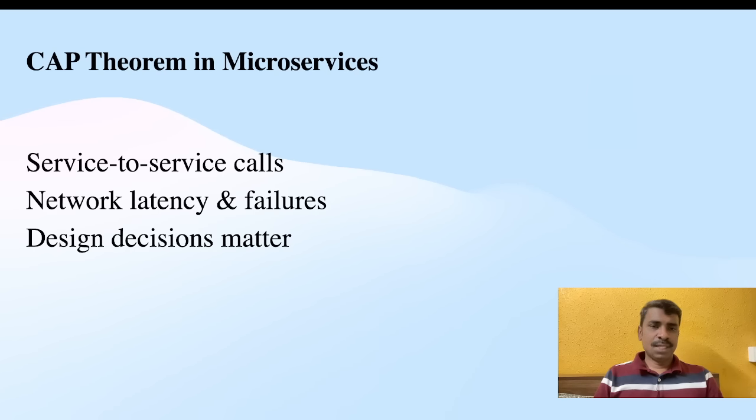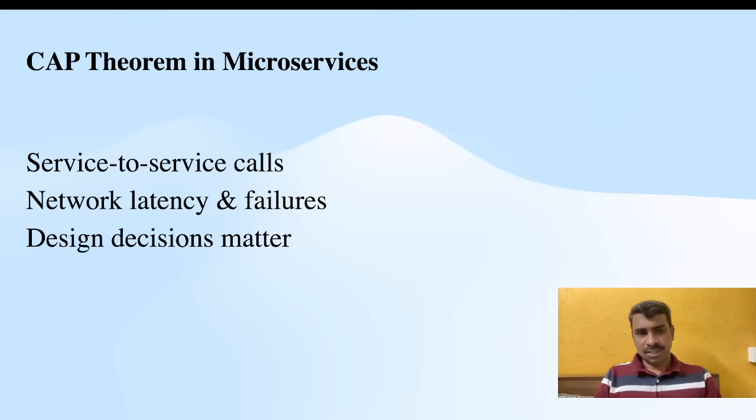Now the CAP theorem in microservices. Service to service calls, network latency and failures, design decisions matter. In microservices, sometimes we call another service from one service, right? So service to service calls will be there.